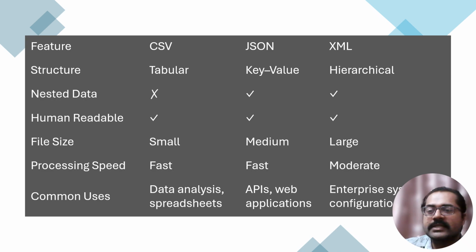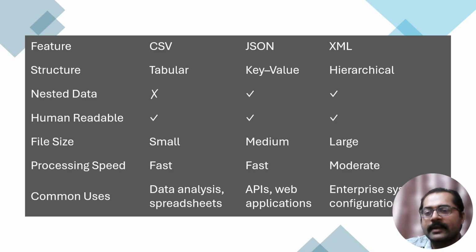JSON is medium and CSV is small. As the file size is large, the processing speed for XML is moderate. Next is medium and small, and then common use cases.